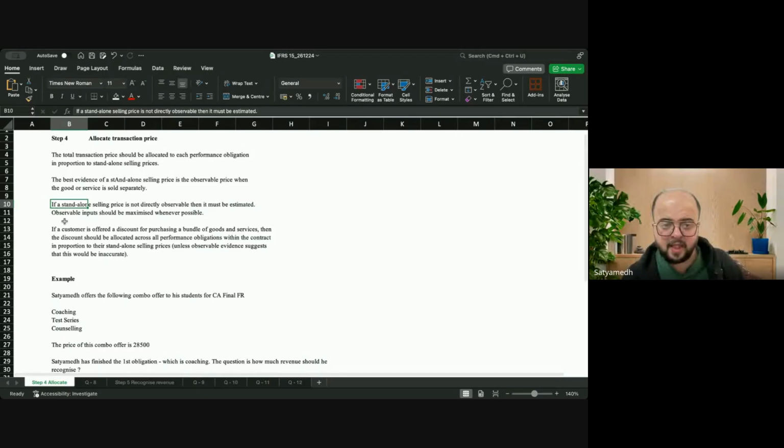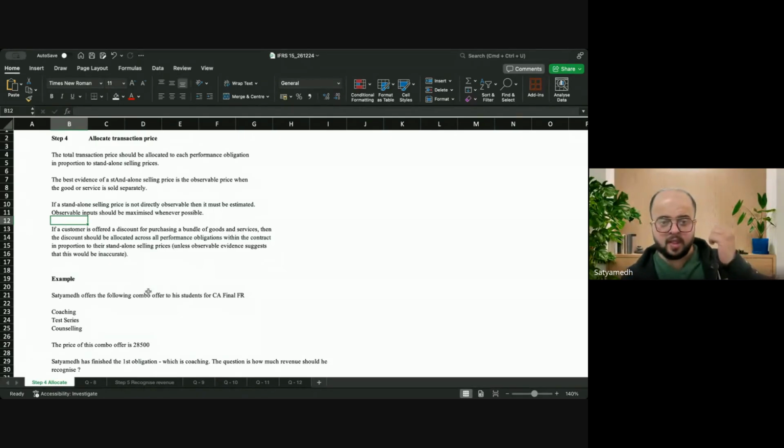If standalone selling price is not directly observable, then it must be estimated. Observable inputs should be maximized. Observable inputs, I'm basically talking about the fair value of these items, for which IFRS 13 becomes the source of guidance. Now, you could have any number of performance obligations.